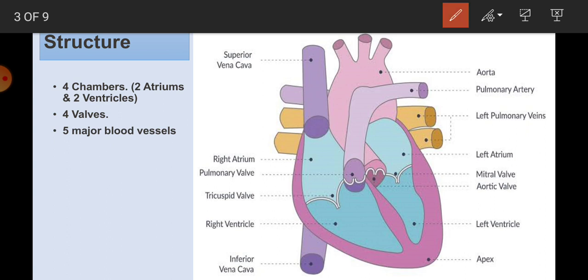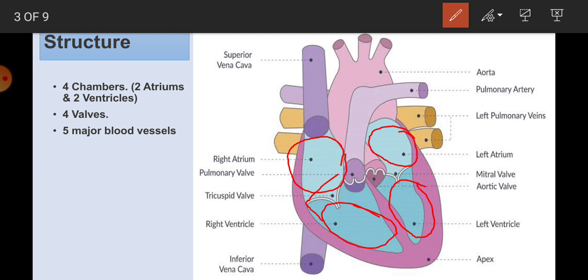Here in this figure you can see these 4 parts are 4 chambers, and between the chambers there are doors, and these are valves.